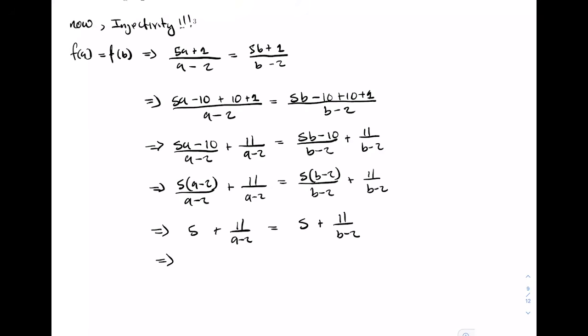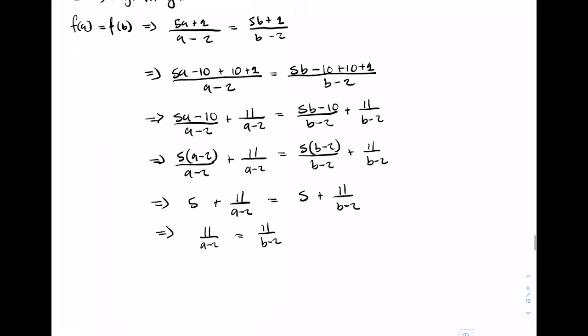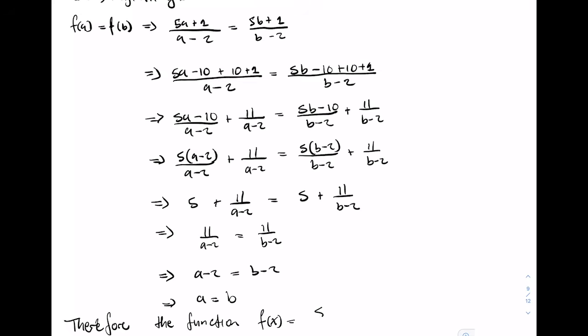This means that 11 over (a minus 2) is equal to 11 over (b minus 2). This then means that a minus 2 is equal to b minus 2, which means we now have a equals b. Wow. Therefore, the function f(x) equals (5x plus 1) over (x minus 2) is an injective function.